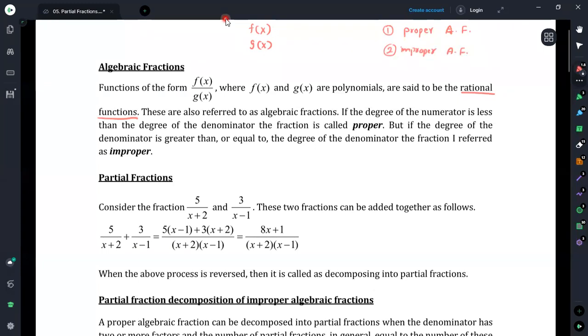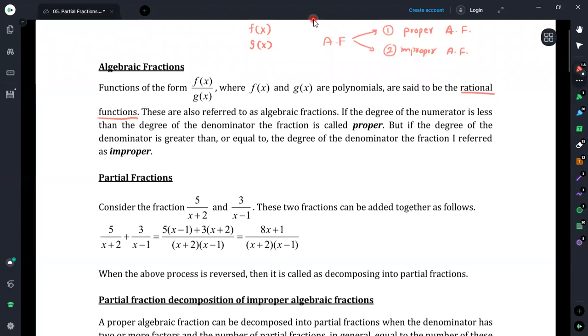Here we are going to look at the numerator and the denominator of the polynomials that we have considered as f(x) and g(x), and see how we can identify a proper algebraic fraction and an improper algebraic fraction.